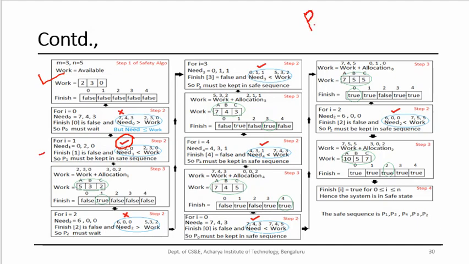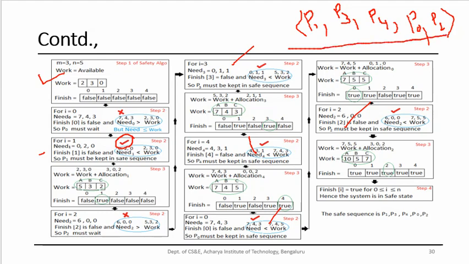So first P1 can be added, then where I have put a tick here, P3 could be added to the safe sequence, and I have put a tick here, so P4 after that could be added, and then I have put a tick here, so P0 after this could be added, and P2 can be added too. So there exists a safe sequence of execution of these processes.